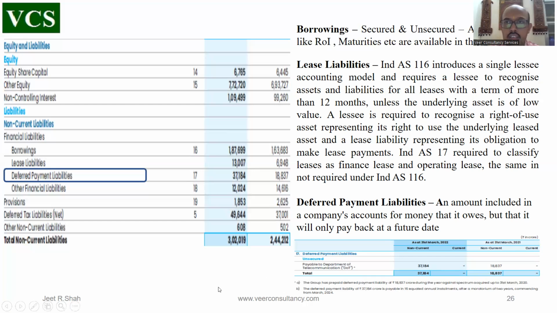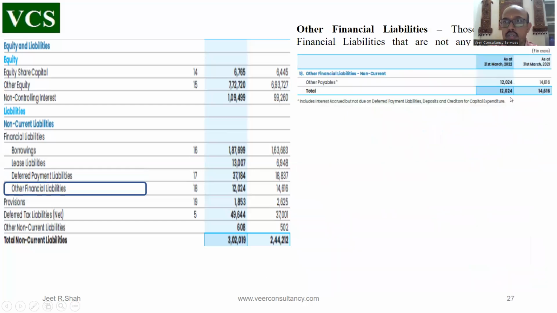Next we have other financial liabilities. They are those long-term financial liabilities that are not any of the above. That is, if it is not a borrowing, not a lease liability, not a deferred payment liability, you classify it as other long-term financial liability. In the case of Reliance, we can see other financial liabilities, non-current.